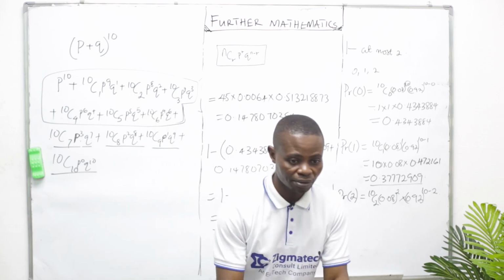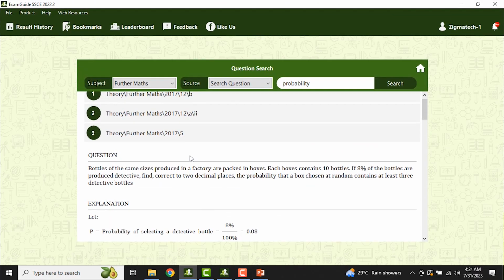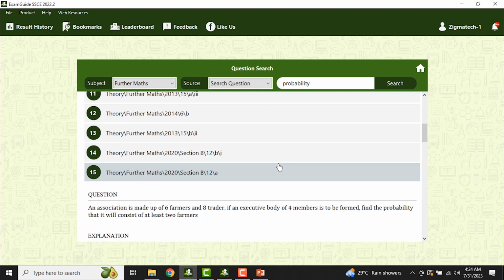Okay, another one. An association is made of 6 farmers and 8 traders. This has to do with combination.